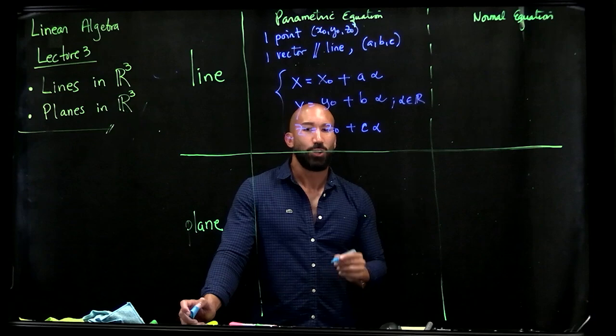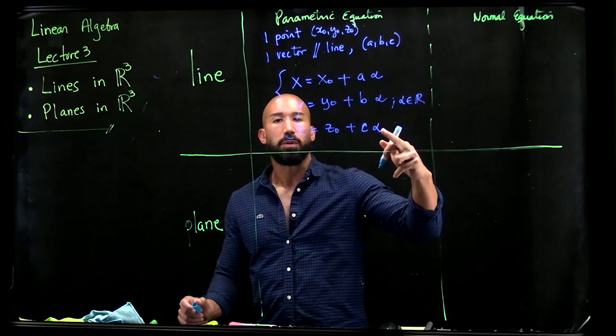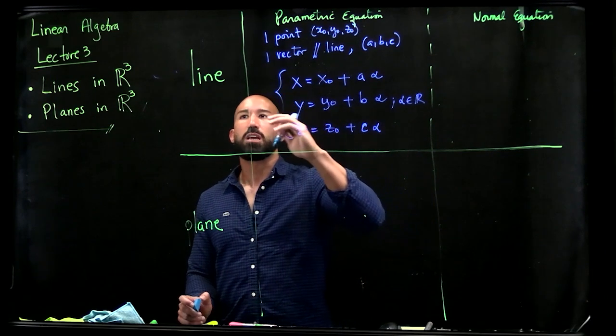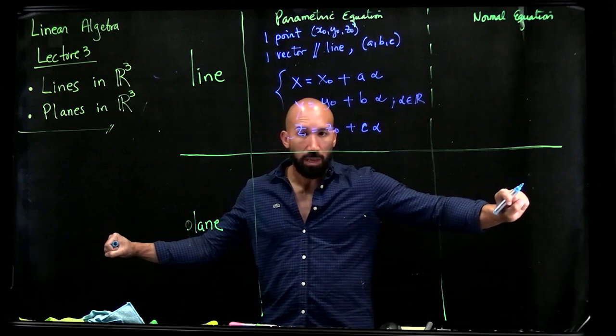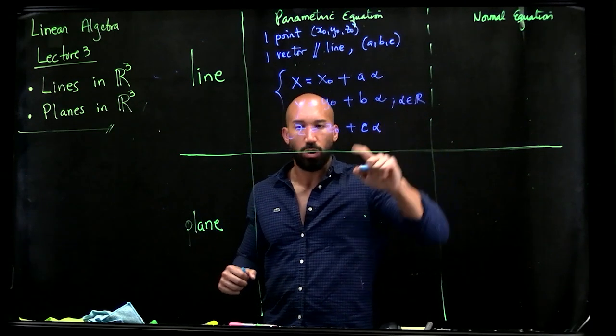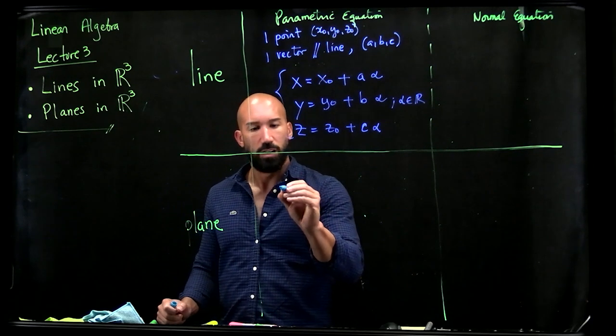All right. So something that we can notice is the following. The number of parameters that we're going to have in a parametric equation is the same as the dimension of the object that we are describing. A line is a one-dimensional object, so we use only one parameter. So the parametric equation of a plane is pretty similar.